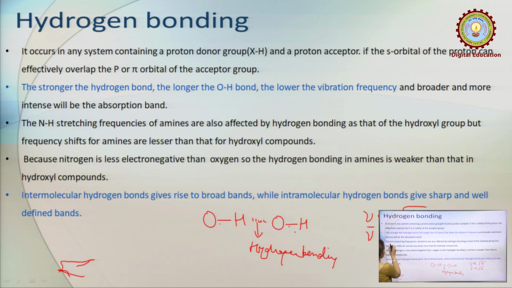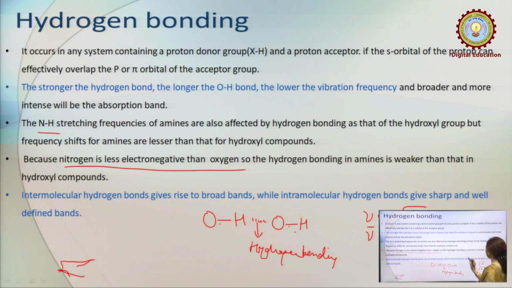Like in the case of NH stretching, the frequency of amines is also affected by hydrogen bonding as that of the hydroxyl group, but frequency shifts for amines are lesser than that for the hydroxyl compounds. Why? Because nitrogen is less electronegative than oxygen.